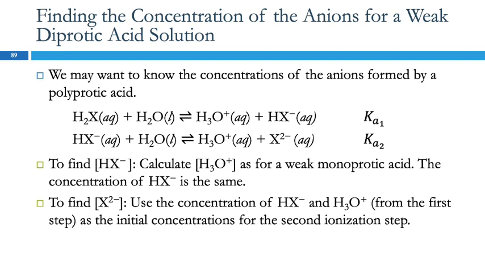So if we want to find HX minus, the first ionization product, then we calculate hydronium concentration just like we do for a weak monoprotic acid, and the concentration of HX minus is the same. If we need X2 minus, then we're going to use the results of that first ice table and do another ice table.